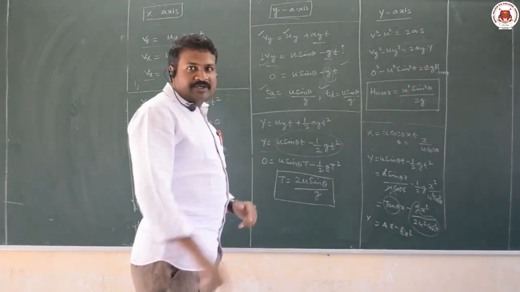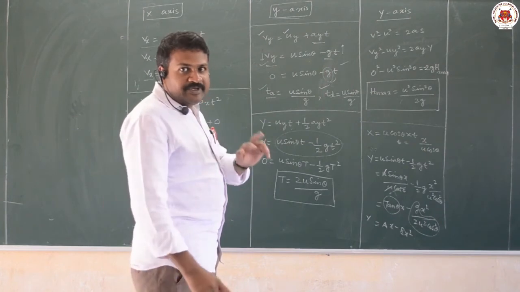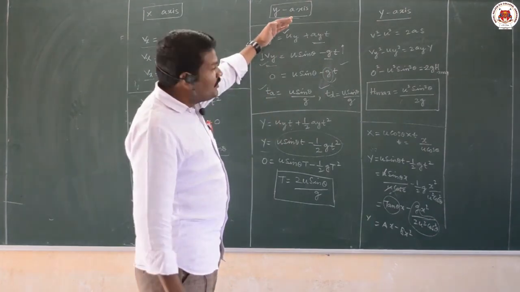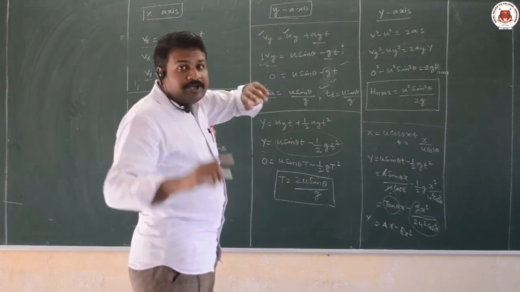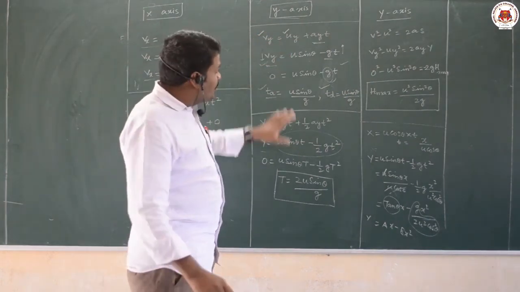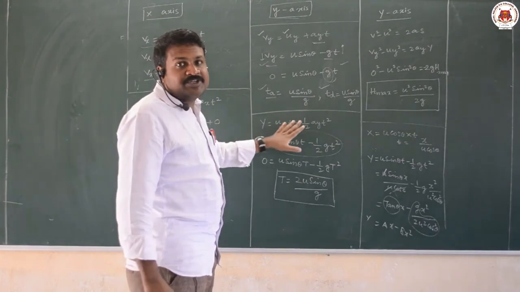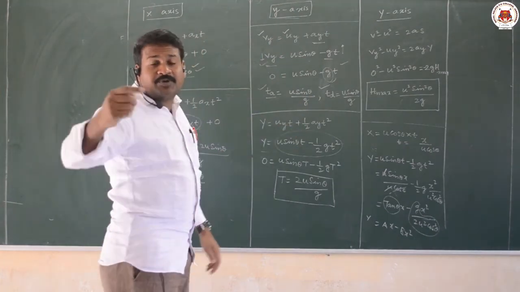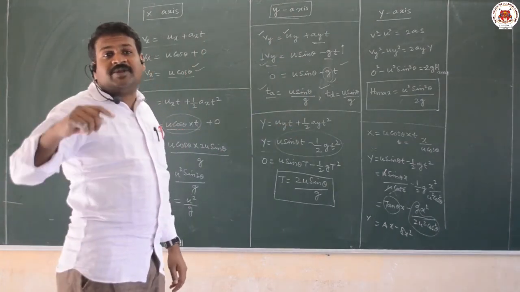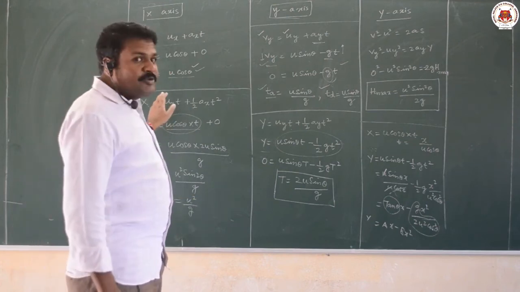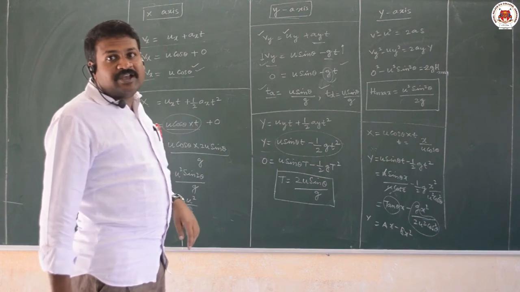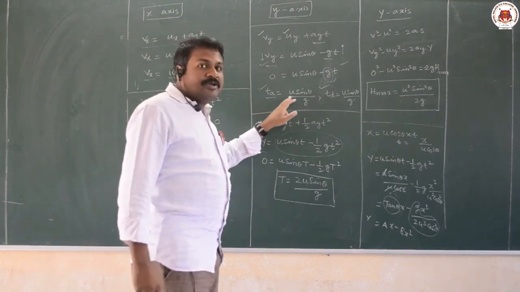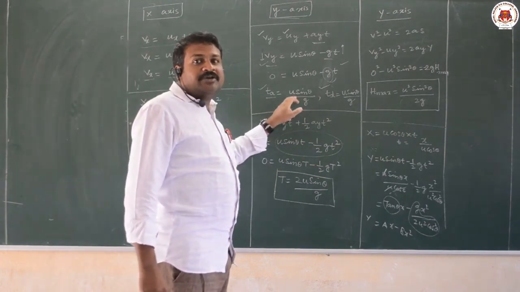You will remember the similarities with the equations of a vertically projected body. If you replace u with u sin theta, you will get all the formulas of a vertically projected body in the y axis. Therefore the projectile motion can be defined as a body moving with uniform velocity of u cos theta along the x axis and a vertically projected body of u sin theta along the y axis.